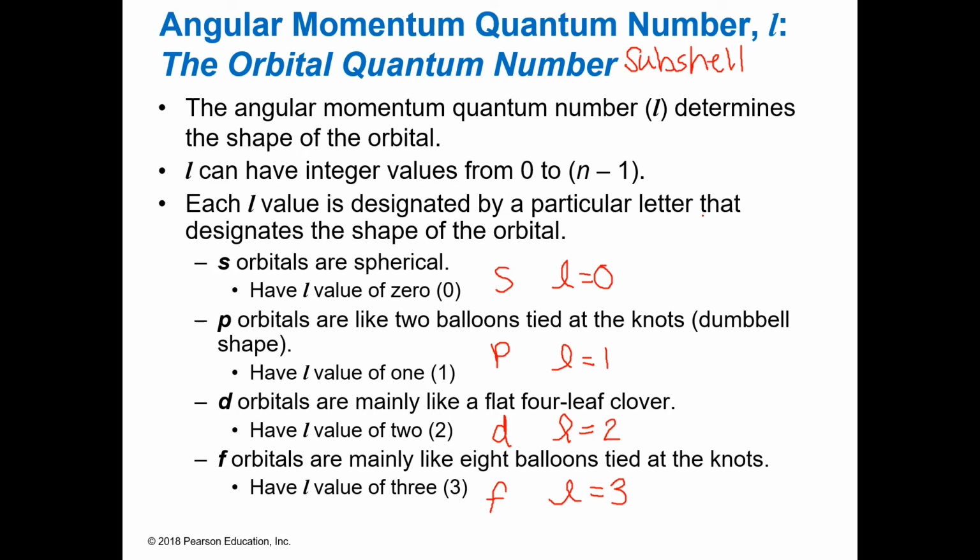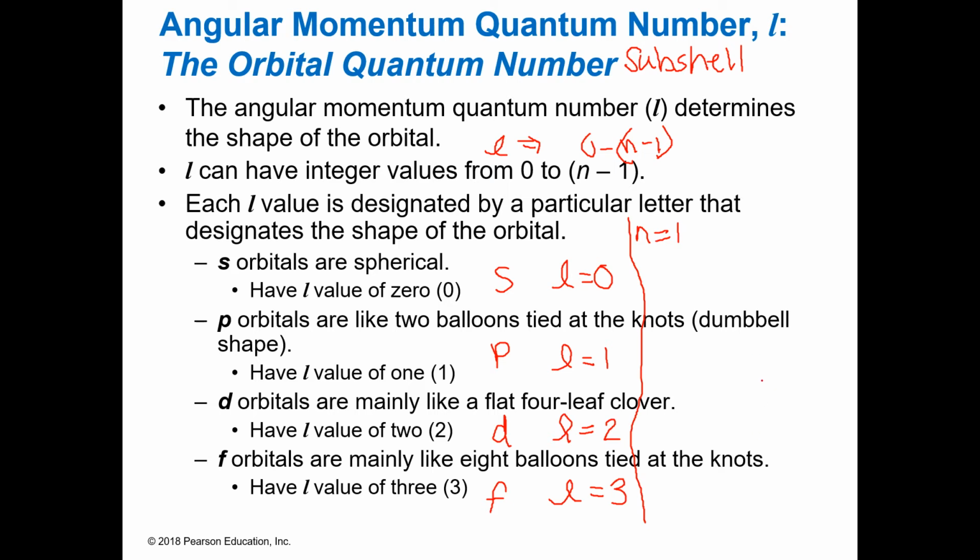The number of subshells that are possible is going to be, so L can be anything from 0 to n minus 1. n is our shell number. So what does that mean for shell number 1?